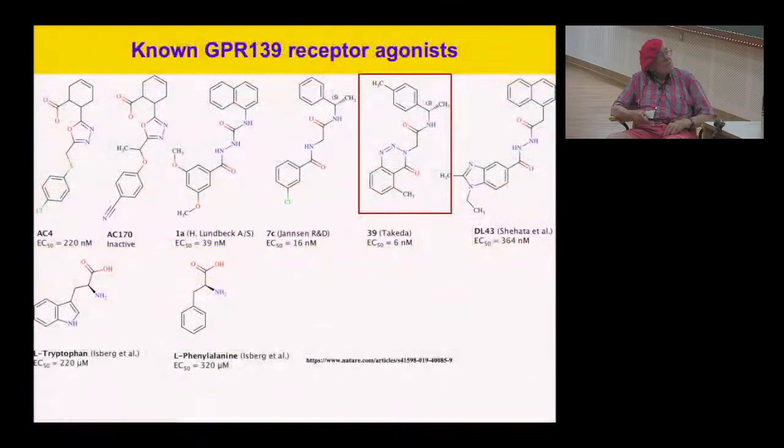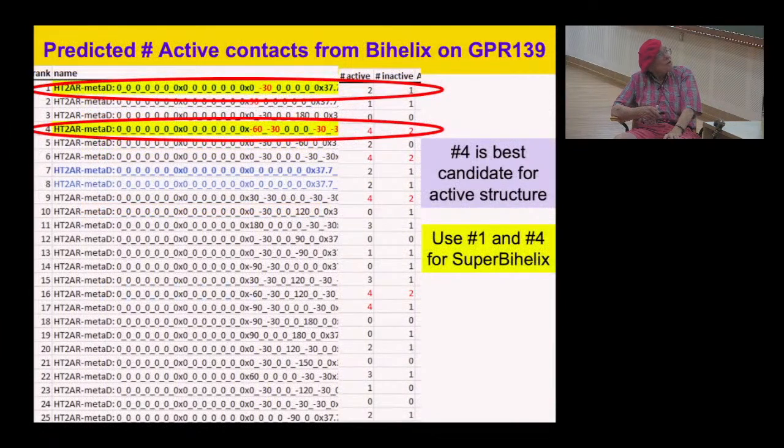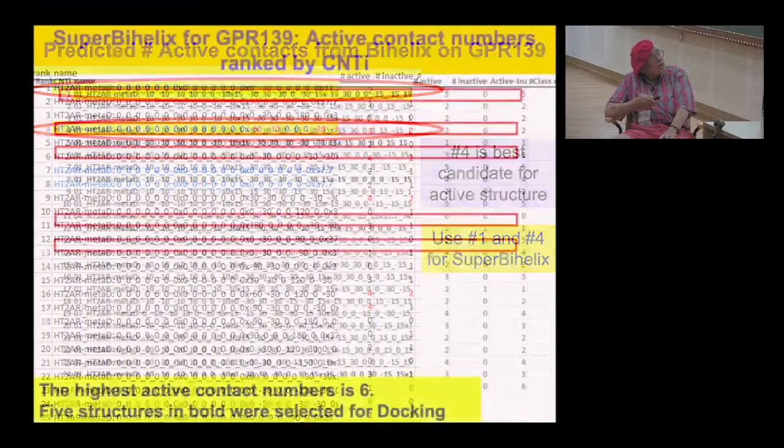These are known agonists for the 139. This is the one I like best. There are 2 of these that we've done docking to. Again, we went through the bihelix procedure. We picked out 4 cases that use different templates, and we used those to do the super bihelix. We focused on these, and this one has 4 active sites.